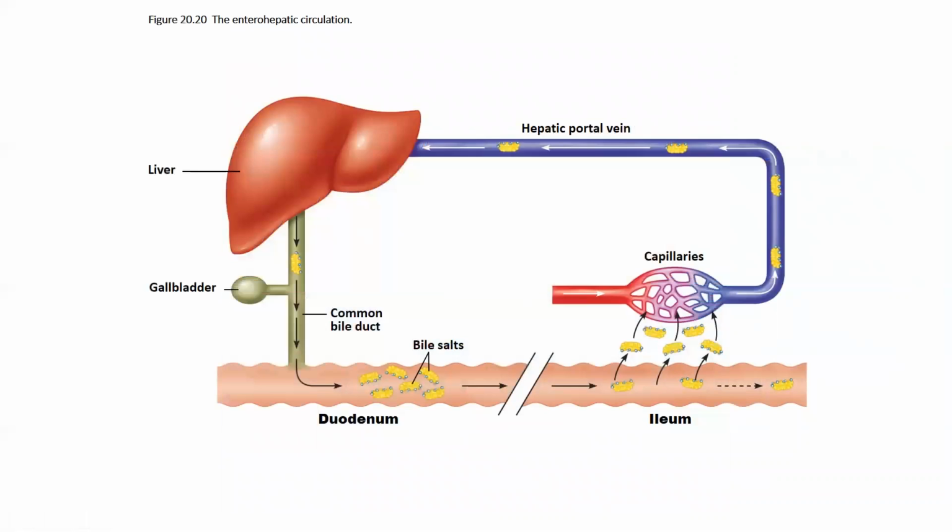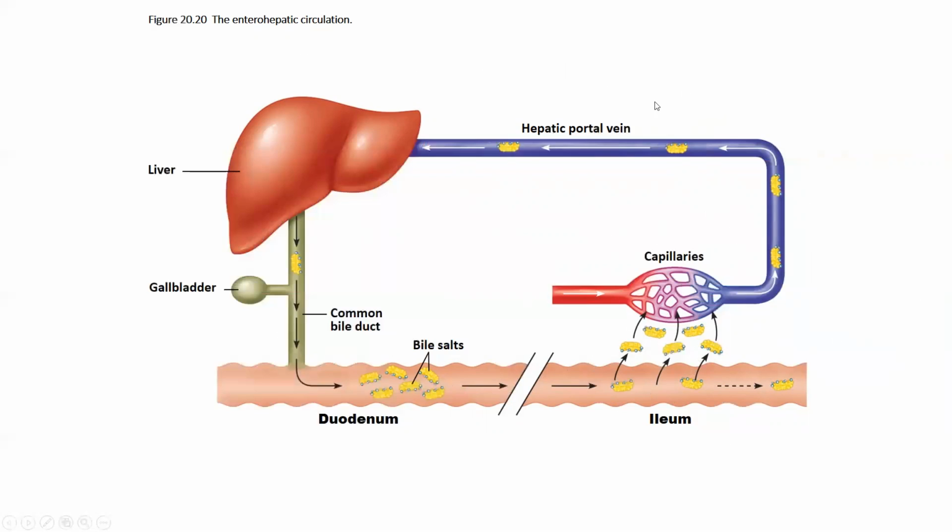All right, so here we have again these bile salts secreted by the liver, which are responsible for emulsifying those fats. And then what we see here is that once these bile salts make it to the ileum, so remember the gallbladder has that duct that opens into the duodenum, which is the first part of the intestine. At the end of the intestine, so in the ileum, these bile salts are reabsorbed into the capillaries, reabsorbed into the blood. They enter the portal circulation.